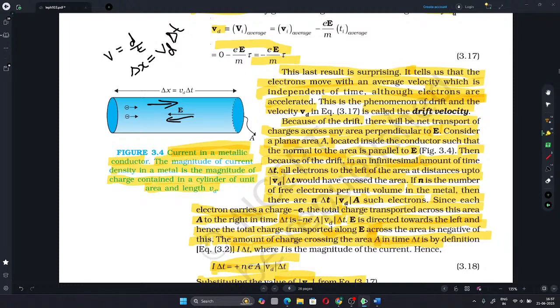If n is the number of free electrons per unit volume in the metal, then vd delta t is the distance crossed by the electrons, and if there are n electrons per unit volume, then in a metal there are n times delta t times drift velocity times area electrons crossing.